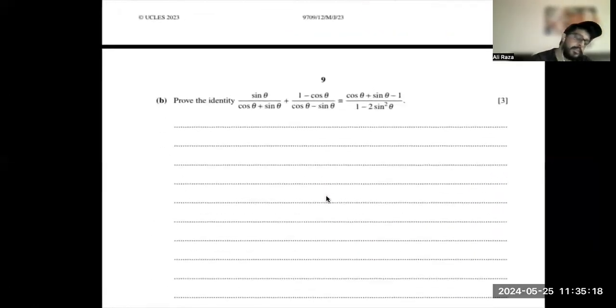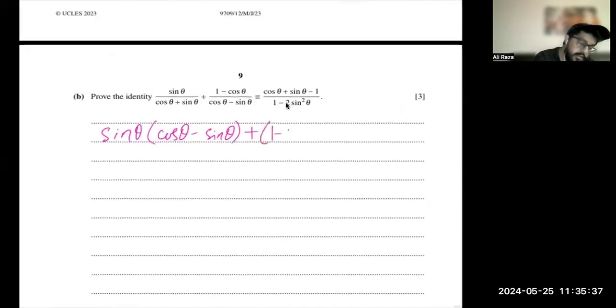Now in part B, we need to prove this identity. So what I can do is I can take the LCM over here for the first two terms. So sin theta multiplied by cos theta minus sin theta plus 1 minus cos theta multiplied by cos theta plus sin theta. And we'll multiply the denominators.